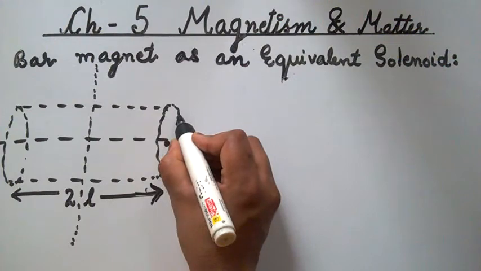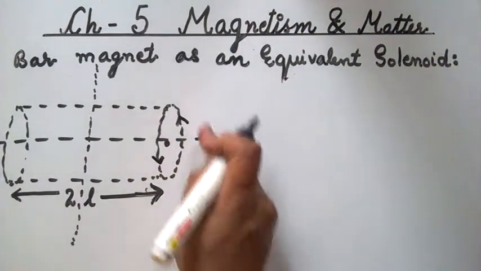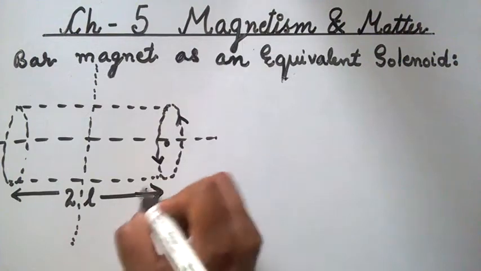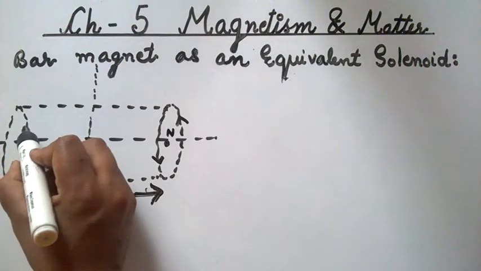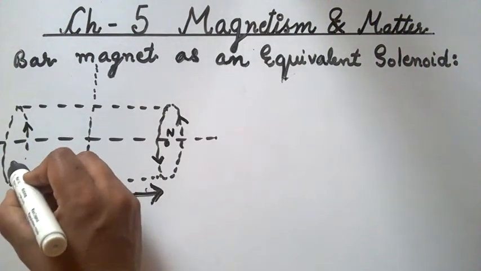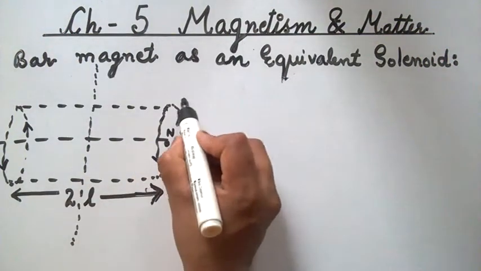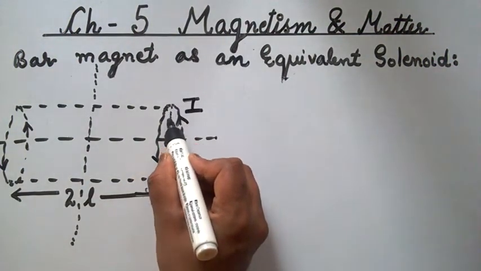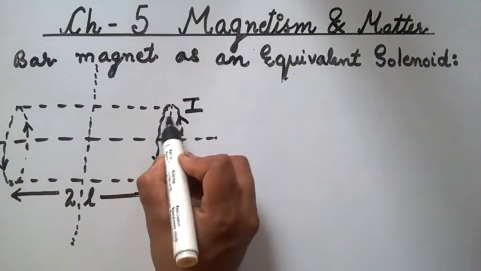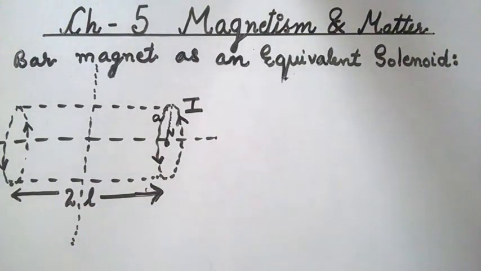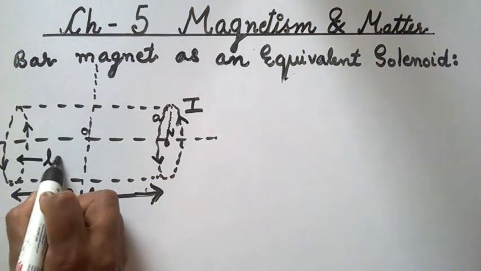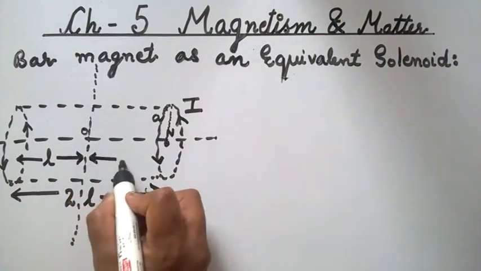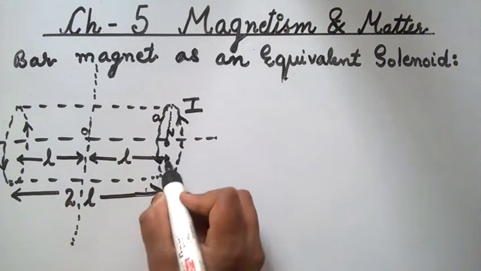Suppose the current flowing is in anticlockwise direction at this end, so it is considered as a north pole, and this is the south pole. Current is clockwise here. The radius of the solenoid is small a. The separate lengths are L from the midpoint of the magnetic axis.